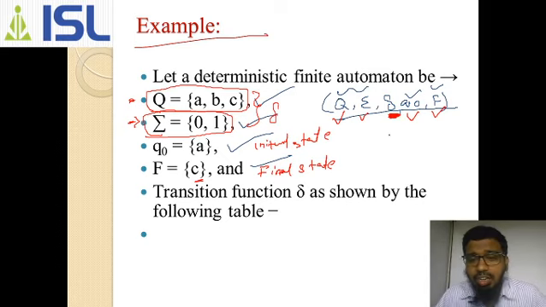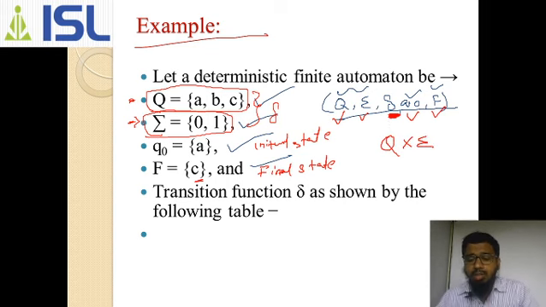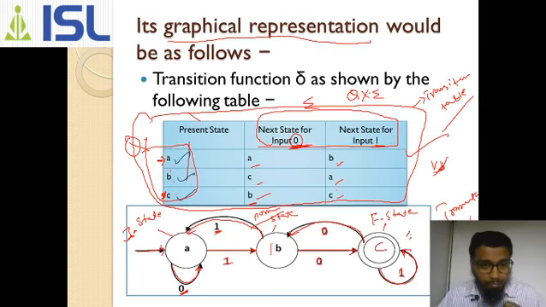The transition function is delta. Delta is capital Q cross sigma. You can see here in this process, this is Q, and sigma. So this is Q cross sigma, this and this.